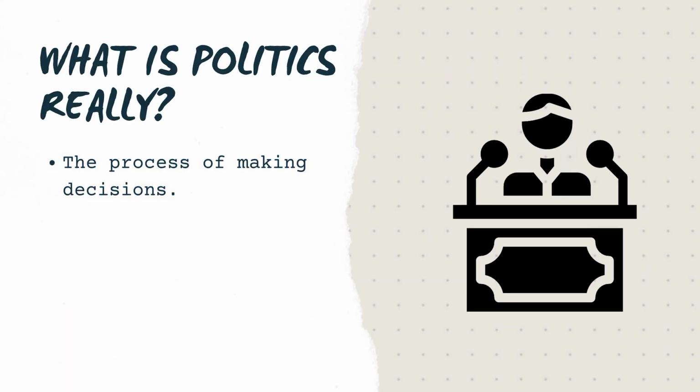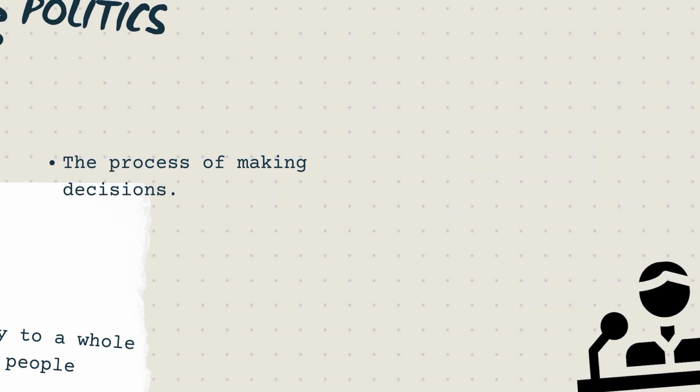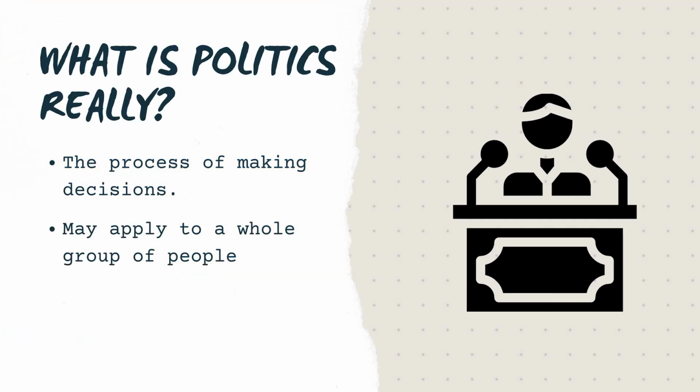So, welcome everyone. Today we'll be breaking down the introduction to politics in just 5 minutes. So, first, let us define what is politics really. Before that, let's ditch the textbook definition. At its core, politics is simply the process of making decisions, and this may apply to a whole group of people.